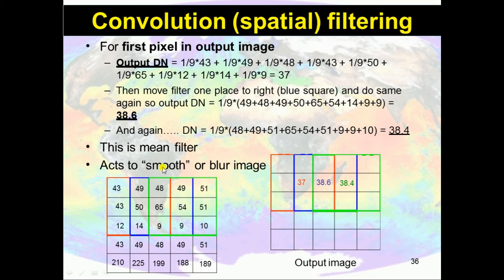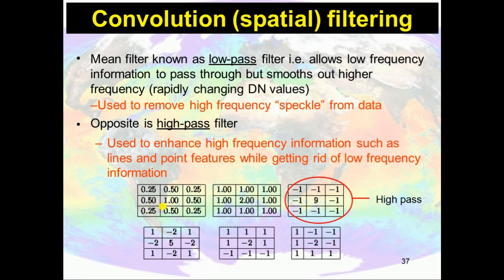This means the filter acts to smooth or blur the image, because the change is linear and gradual, so it smooths the edge. If the value changes sharply, say from 50 to 65, the edge becomes sharp. This filter is known as a low pass filter: it allows low frequency information to pass through but smooths out high frequency.